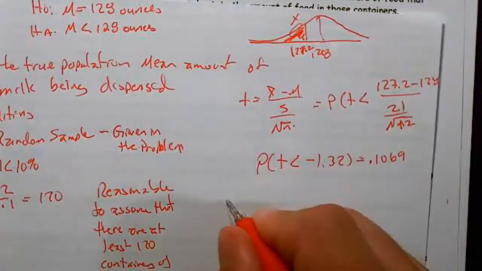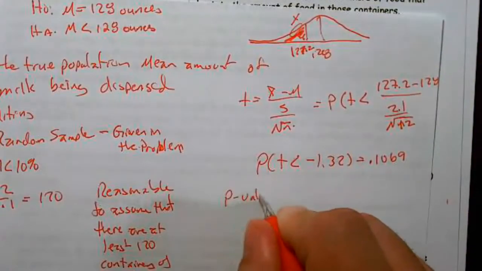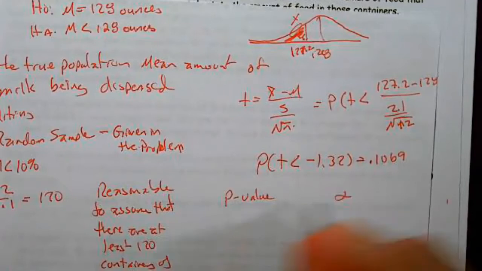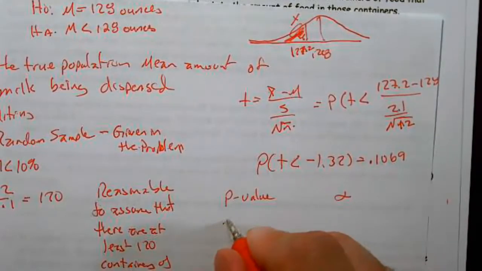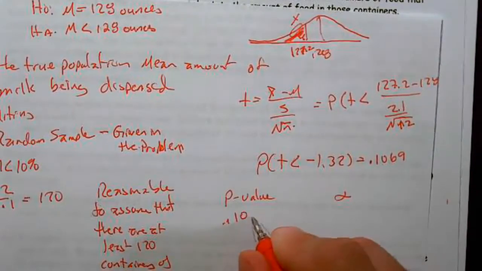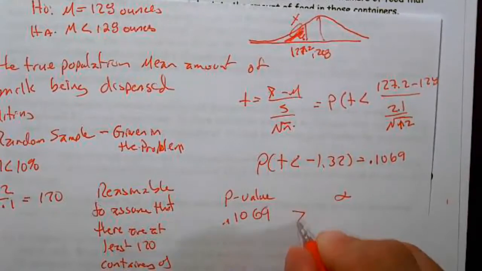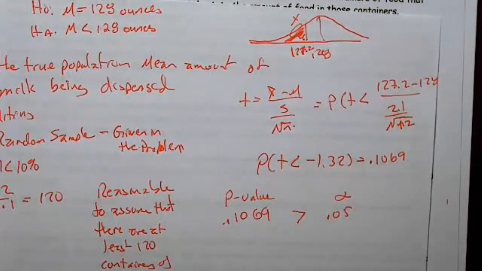So our p-value compared to alpha, 0.1069 is greater than 0.05. So we fail to reject.